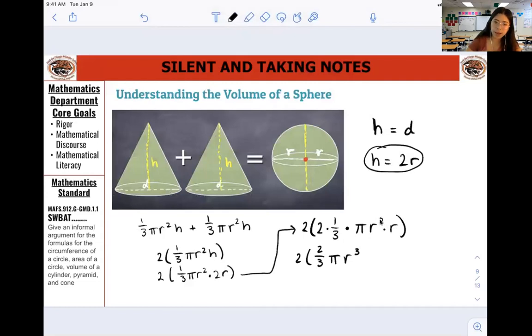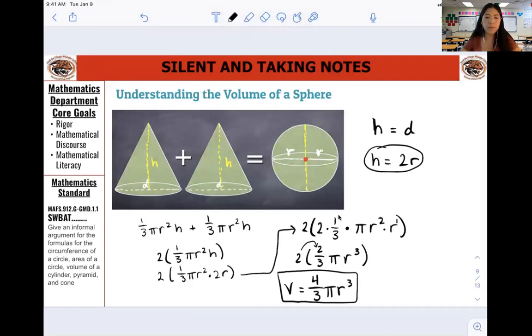Remember that we add the exponents. So r squared times r to the power of 1, I get r to the power of 3. And now finally, I'm just going to multiply this 2. 2 times 2 gives me 4. So I get 4/3 pi r cubed. And that's how we get the formula for a sphere.